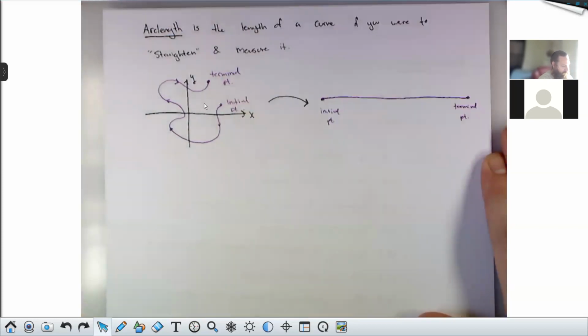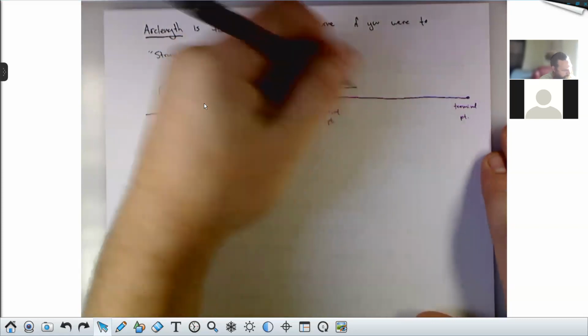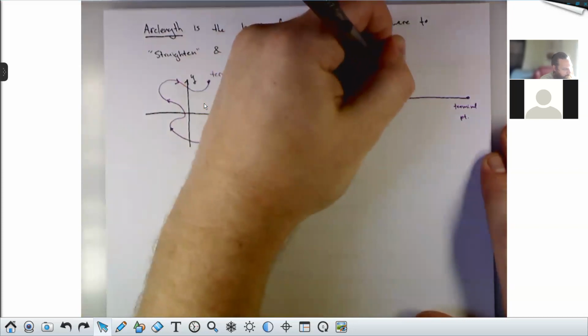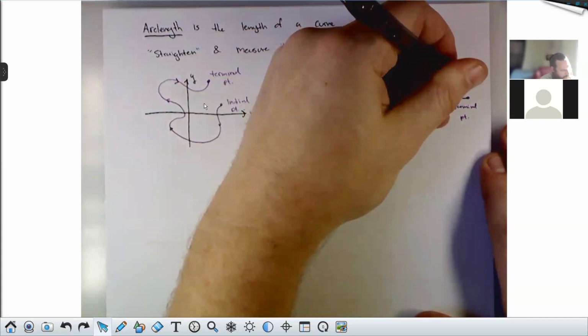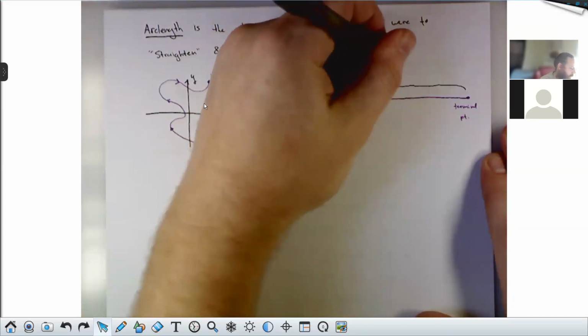And then you measure this distance. That would be the arc length.